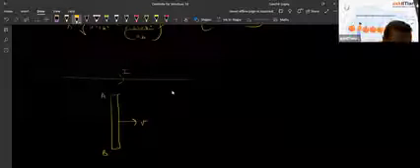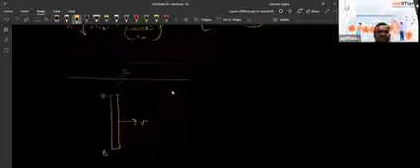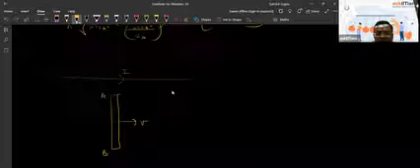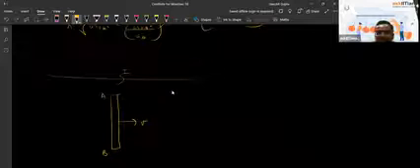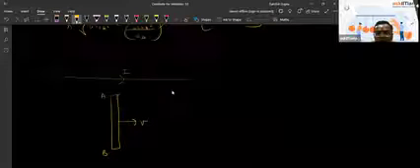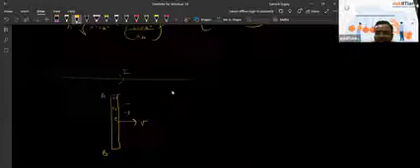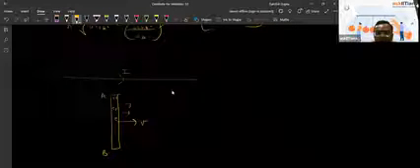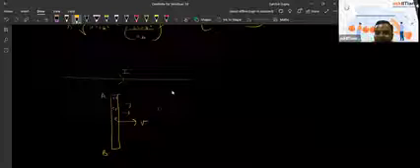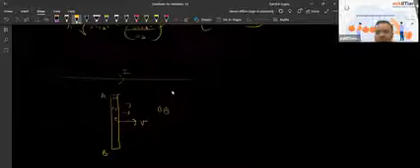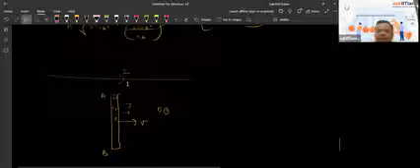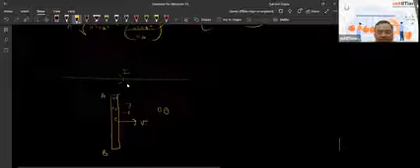The wire end is A and this end is B. The rod is moving in this direction, so all the free electrons in the rod also move in this direction. Which direction is the force acting on the electrons? The magnetic field due to this wire is downwards, so the force will be towards down.